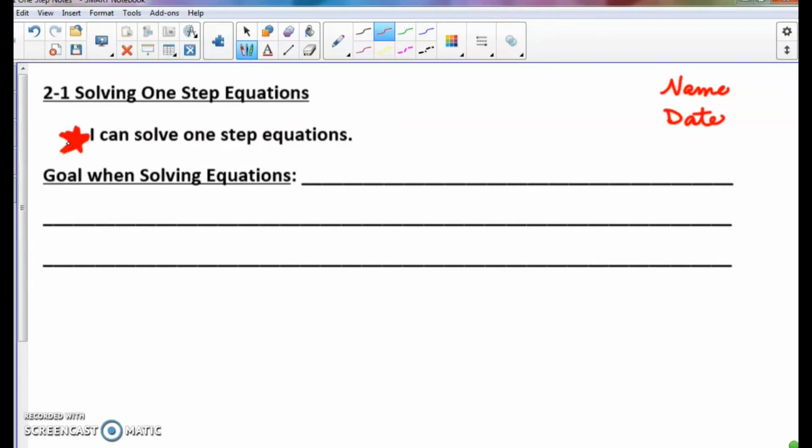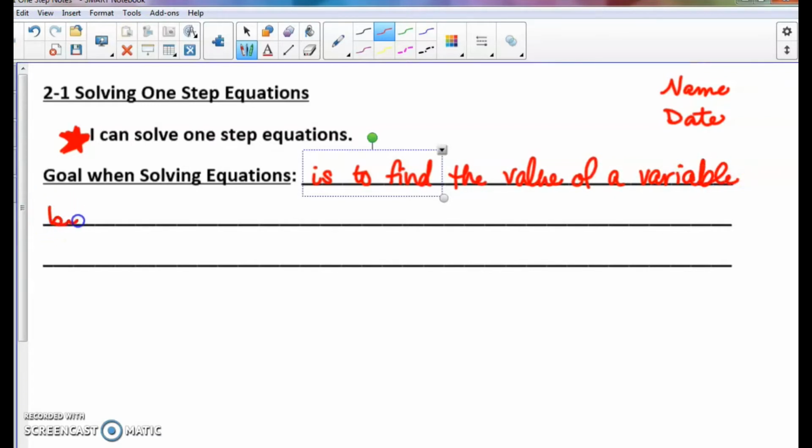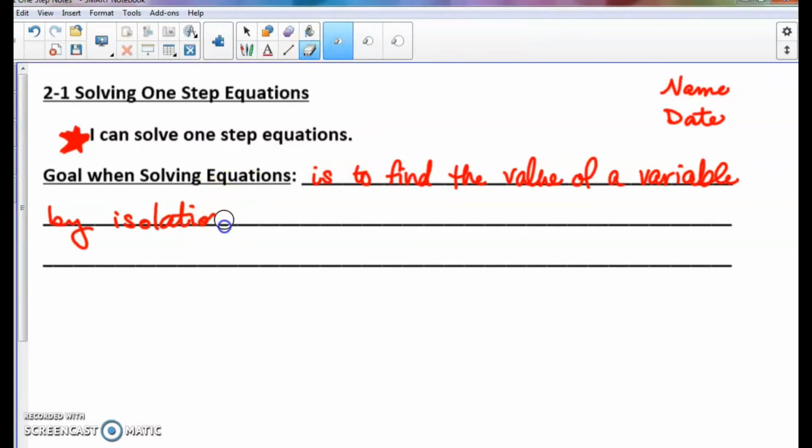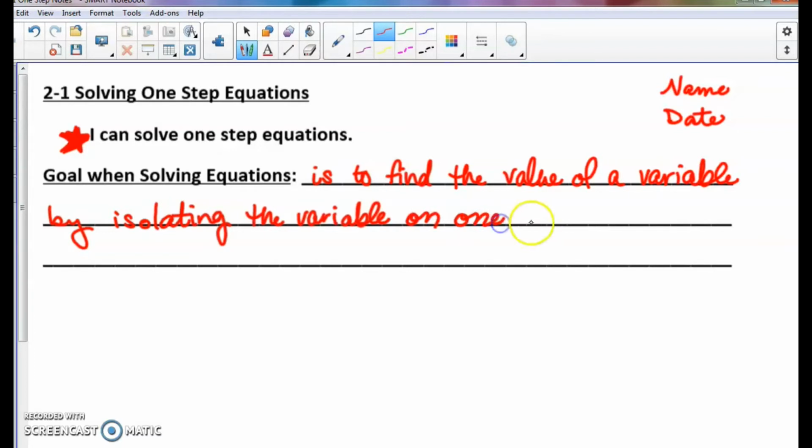So just to refresh our memories, the goal when solving equations is to find the value of a variable by isolating the variable on one side of an equation.